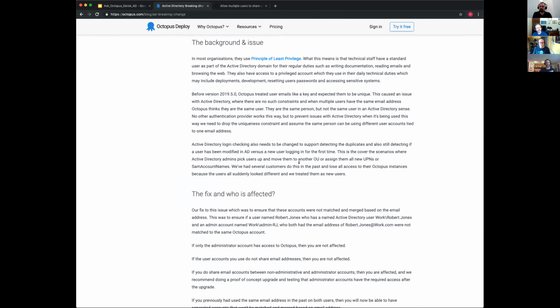So your Robert.Jones account and your admin-RJ account suddenly became one effectively when you log in, meaning your account for day-to-day, non-administrative activities would have access to the administrator side of things with Octopus. Generally, before doing the update, make sure you have the correct permissions and do a proof of concept.